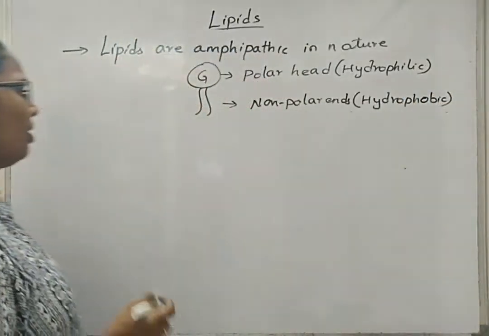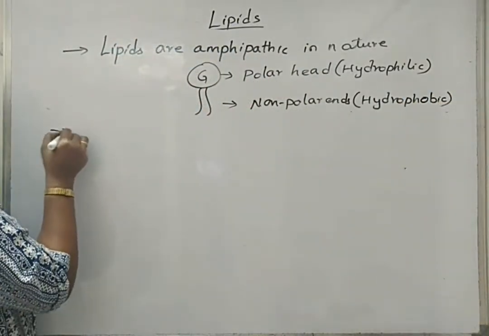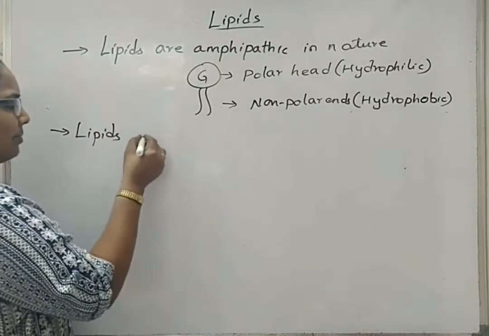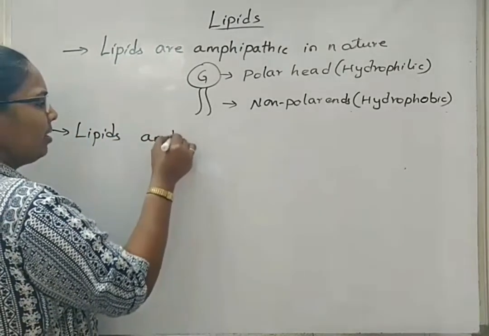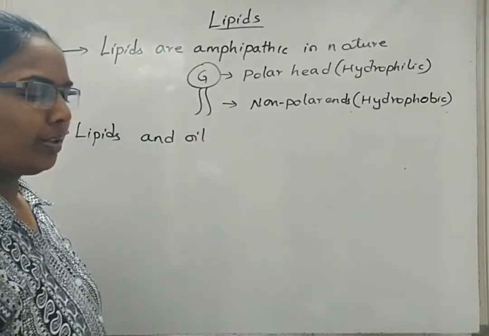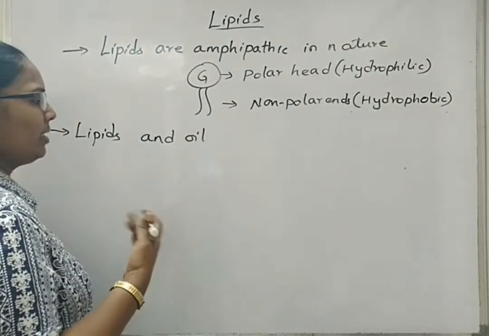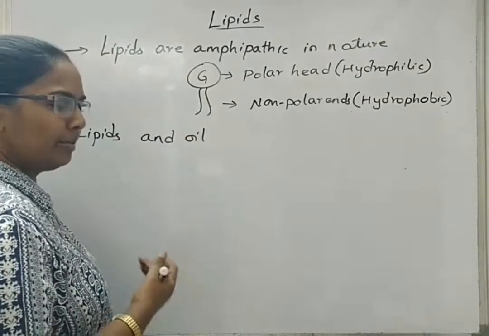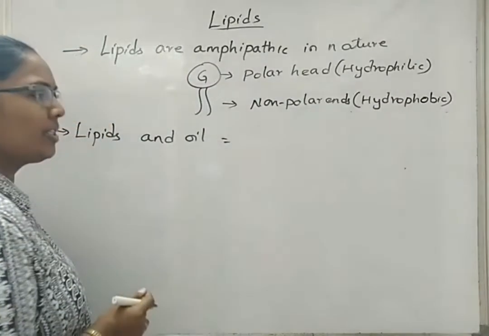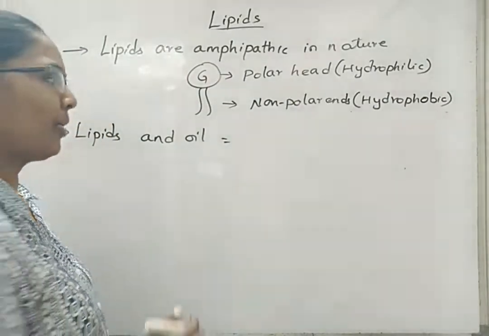Now, we also use another term instead of lipids: lipids and oils. When we are usually talking, we sometimes say lipids instead of oils and oils instead of lipids. But these two are differentiated based on the melting point.